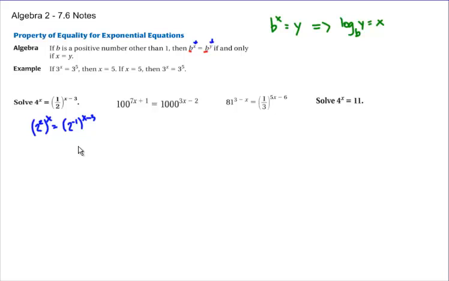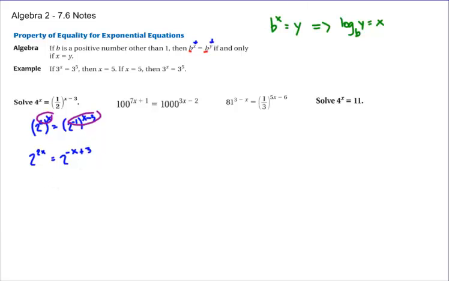So we're almost there. Remember that if you have variables outside in the exponent, then you're going to multiply them with all the things on the inside. So we're going to multiply these two together, and we're going to multiply these two together. So what I really have is 2 to the 2x equals 2 to the negative x plus 3.